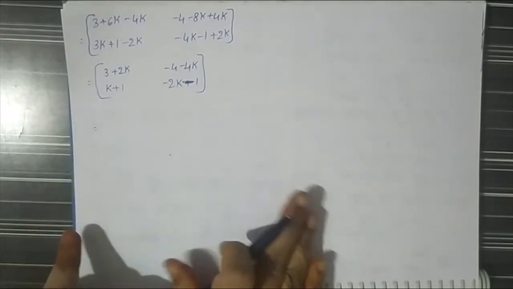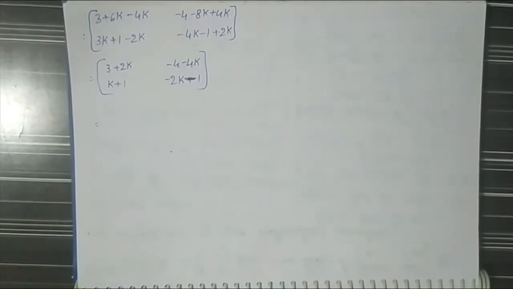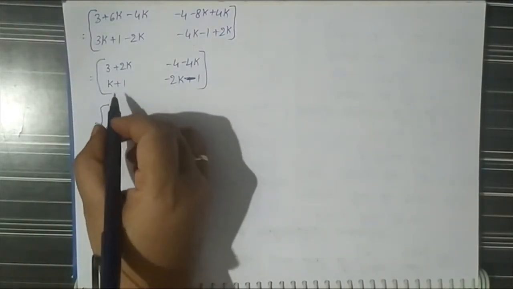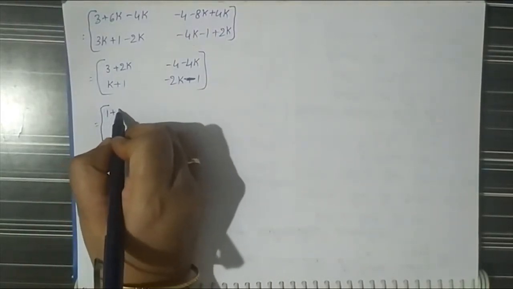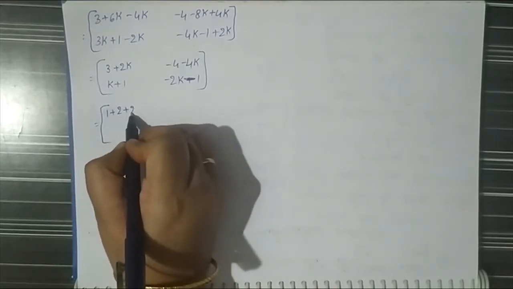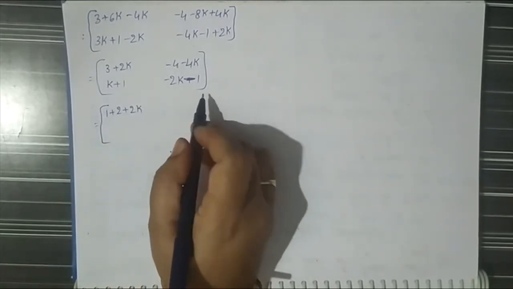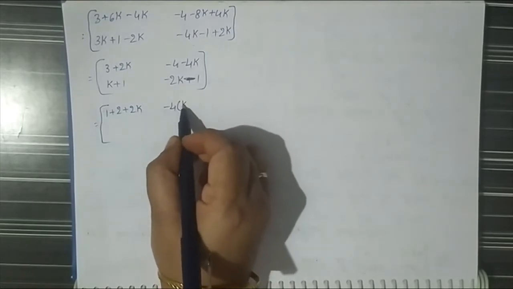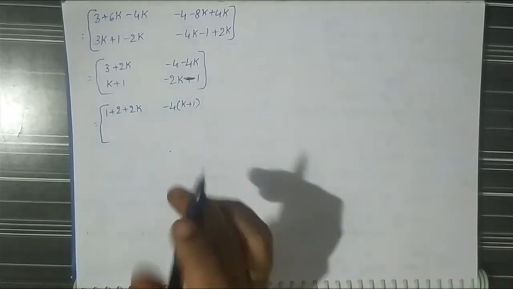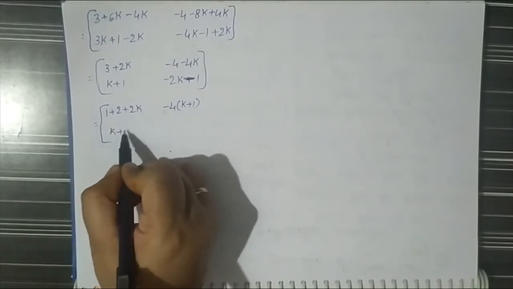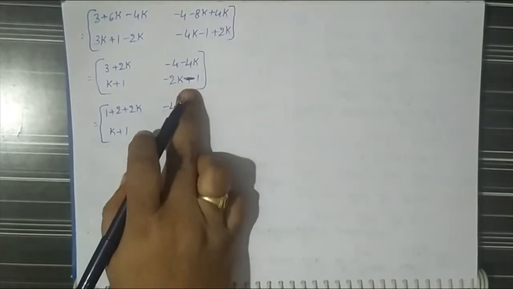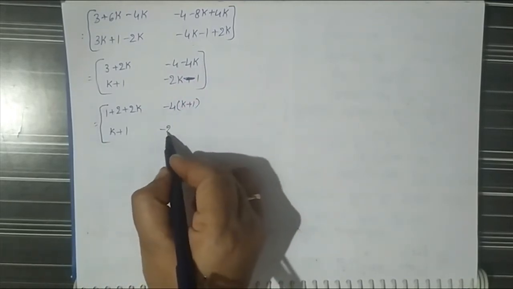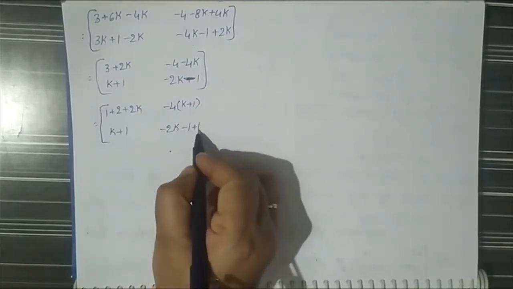For our convenience, we can write each element differently. 3 can be written as 1 plus 2 plus 2k. Here take minus 4 as common, into k plus 1. Here k plus 1 only. Here we can add and subtract 1: minus 2k minus 1 plus 1 minus 1.